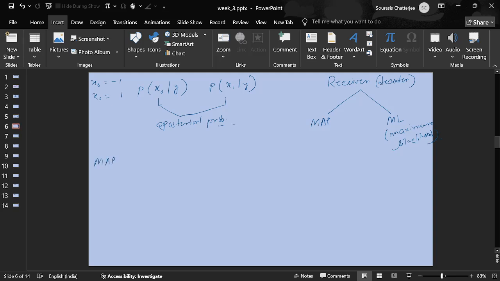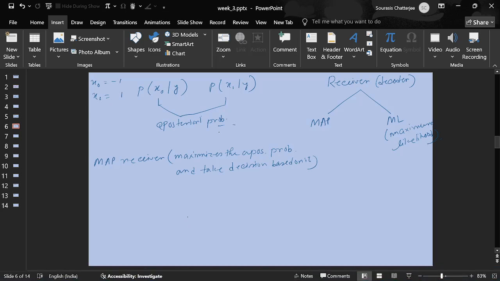When the question is about a MAP receiver, it means it is the receiver which maximizes the a posteriori probability and takes the decision based on it.